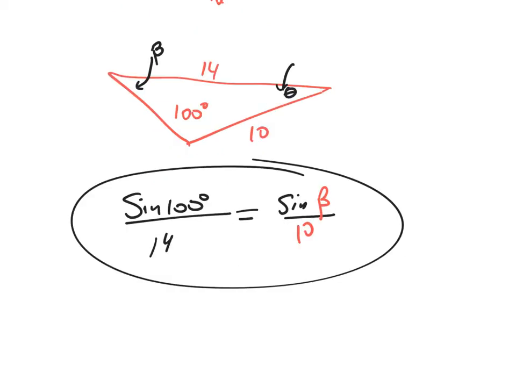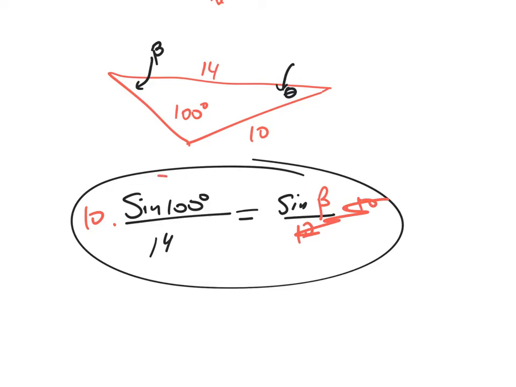So I hope you set it up with sine of beta over 10. Then I'm just going to multiply both sides by 10 preemptively, because I want to clear that out, times 10. And then it's 10 times sine of 100 all over 14. That's a nice exact answer. But, Alex, can you tell me what you got for your decimal answer for that?